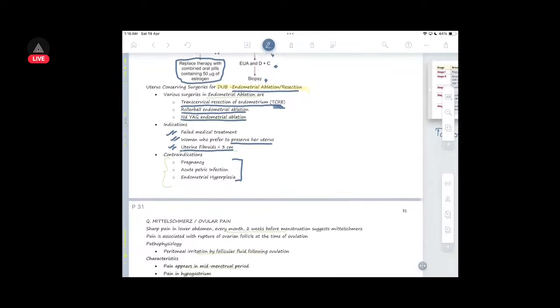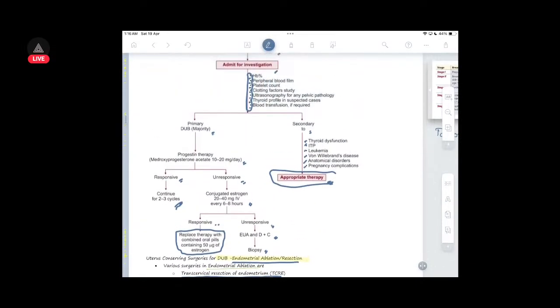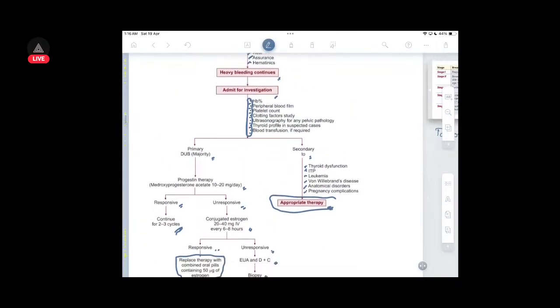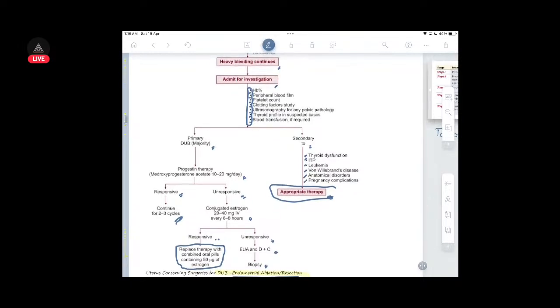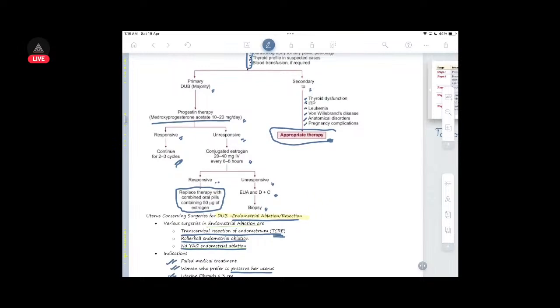Indicated in failed medical treatment. So first, in this treatment, if bleeding continues, admit and investigate: hemoglobin, peripheral smear, clotting, ultrasound, thyroid, and blood transfusion. Then if it's primary DUB, which is the majority, you provide medroxyprogesterone acetate 10 to 20 mg. If it's responsive, you continue for 2 to 3 cycles.